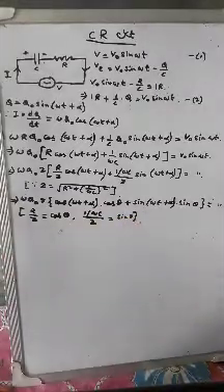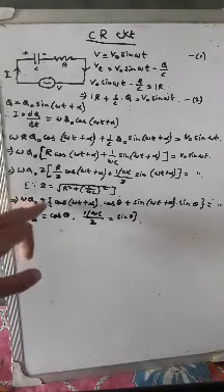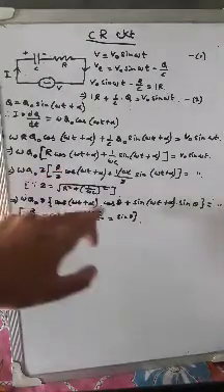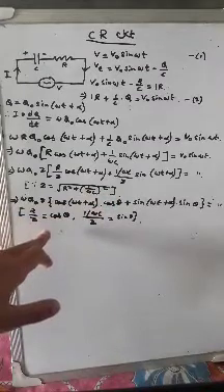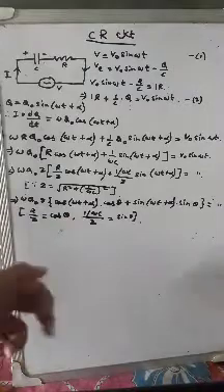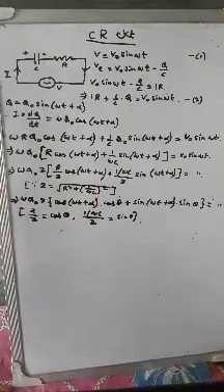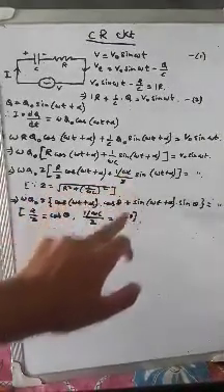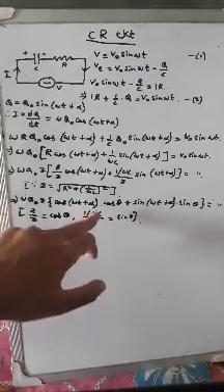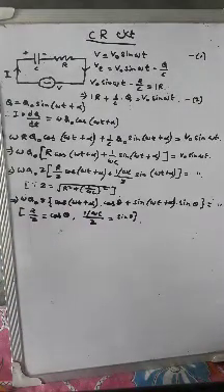Omega q naught Z was there in the previous equation, and in the previous equation you had R by Z. I have taken R by Z as cos theta. Understood? Let's move to the next term. You had sine omega t plus alpha in the previous equation. I have taken 1 by omega C divided by Z as sine theta. Understood? So let's move ahead to the next equation.